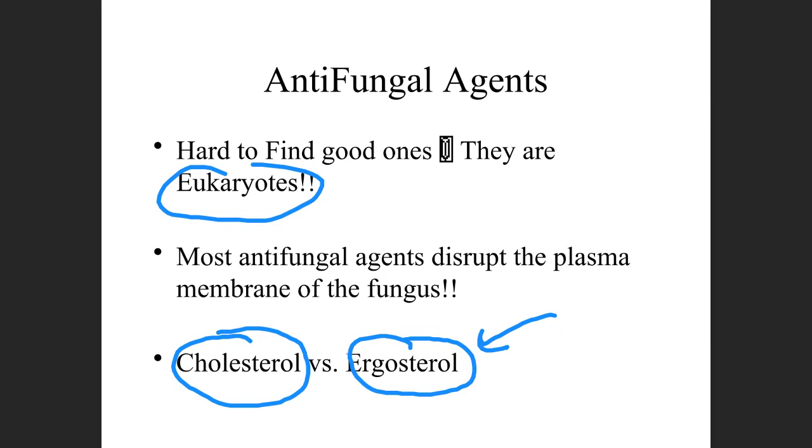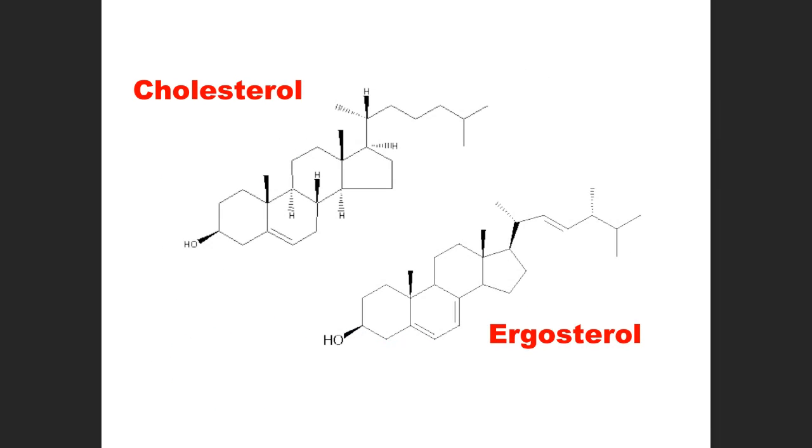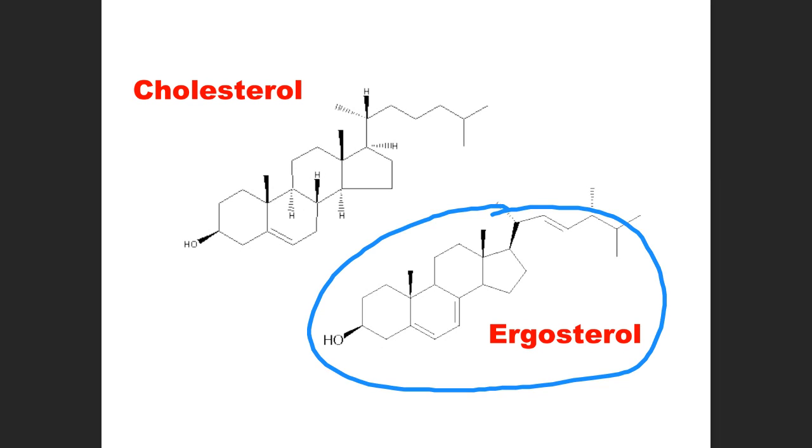Now, there is some cross-reactivity. There can be some toxicity associated with it because cholesterol and ergosterol look very similar. Depending on your use, there might be some toxicities, and some people are more sensitive to it than others. But for the most part, these antifungal agents that I'll talk about are pretty good at targeting the ergosterol in fungal organisms and not the cholesterol in us.